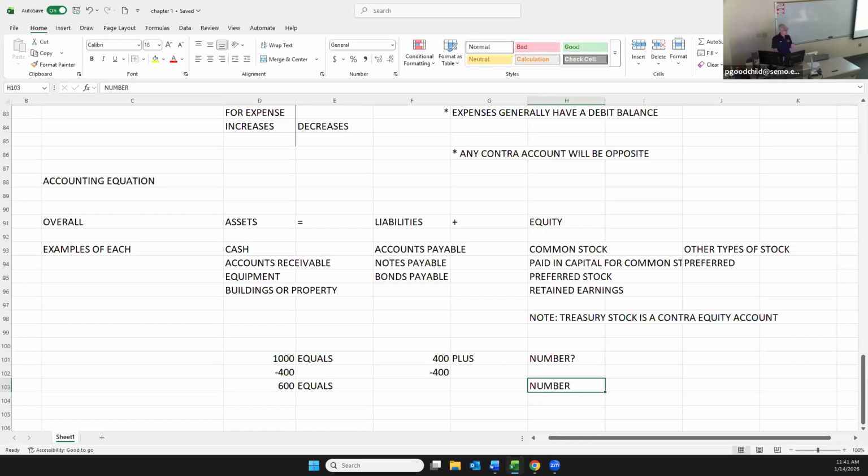Okay. So that's how I came up with that figure. Obviously, this is a simple one, but basic algebra is the math level that you need in this class. We do get more complicated and higher levels of accounting, but so far in basic accounting, we're not pushing more complicated math.